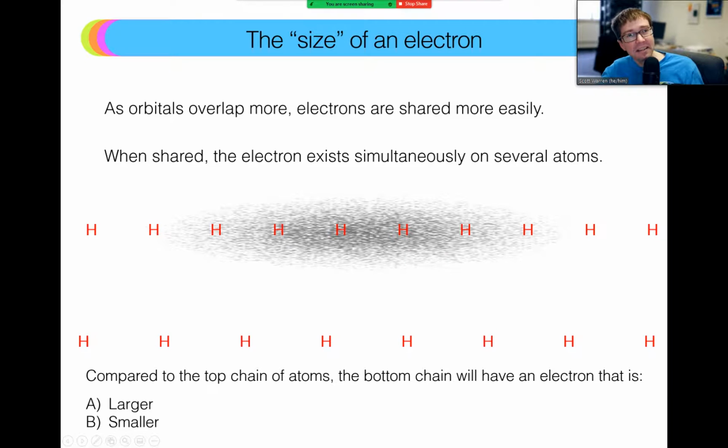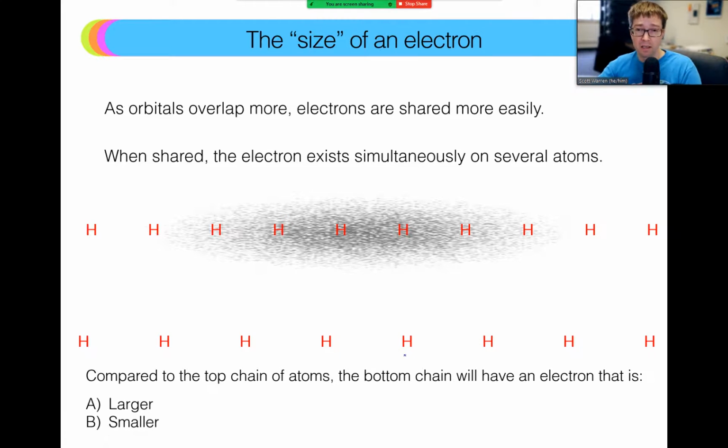That idea actually allows us to begin talking about the size of an electron, and this is kind of a nebulous concept, because we talk about the electron as a probability distribution.